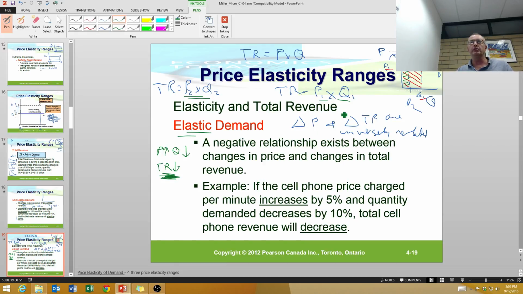And then of course the same thing would happen if we went in reverse. If we started at P2 and dropped to P1, as our price drops, quantity increases and total revenue increases.